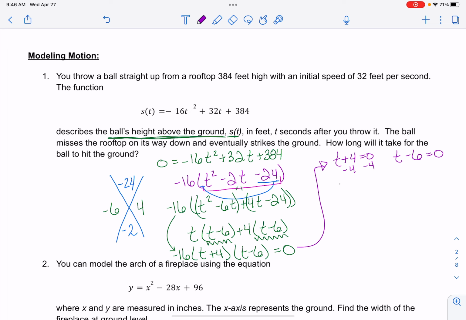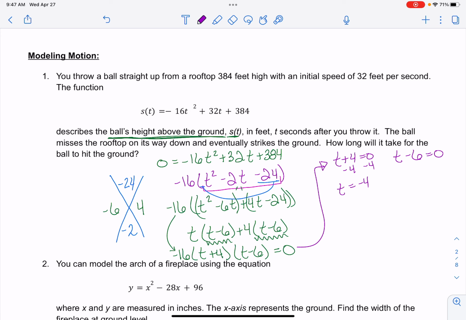Subtract 4 from both sides, and we get t equals negative 4. Keep in mind, t represents time, so your time in seconds. Does it make sense for us to have negative 4 seconds from the time that this ball leaves the roof and hits the ground?